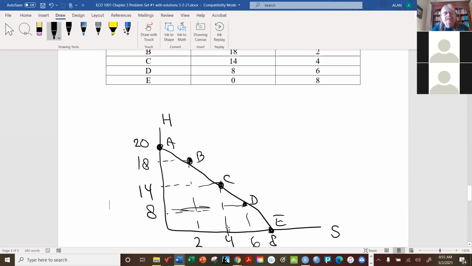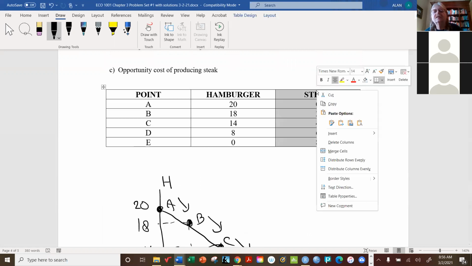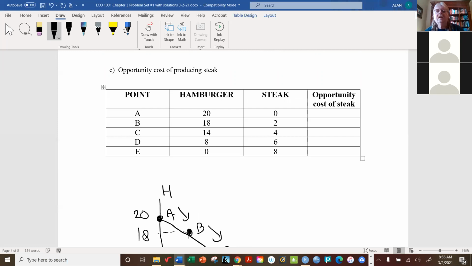Okay. So we start at A, and we work our way down the curve. So from A to B, oh, I have to still add one more column here. So the logic is exactly the same.